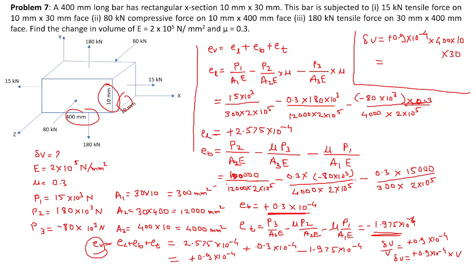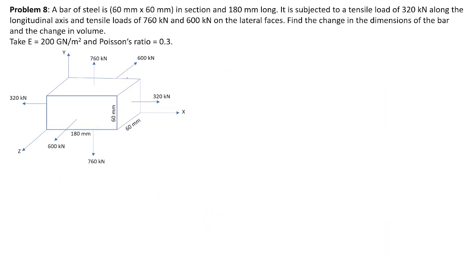So delta V will be plus 10.8 mm cube. Okay, positive sign means it will expand. Okay, that's all. And here will be your homework problem.